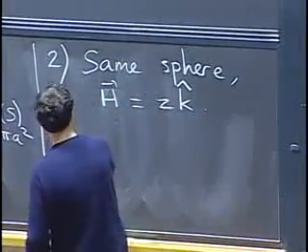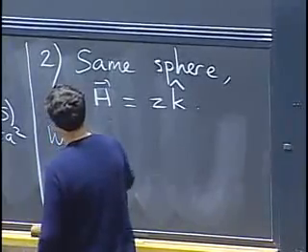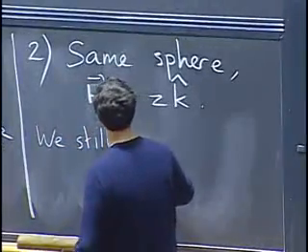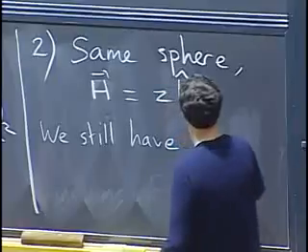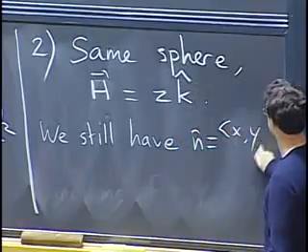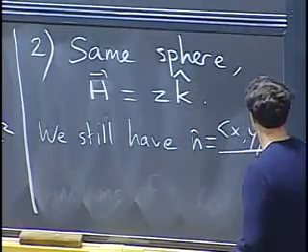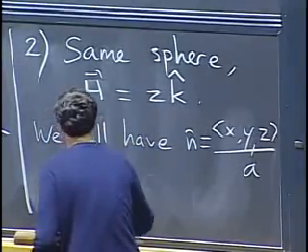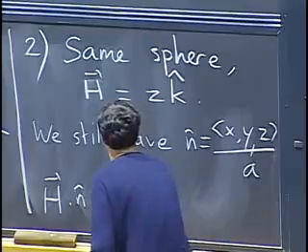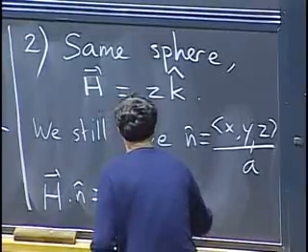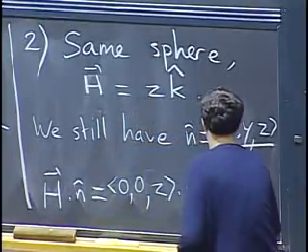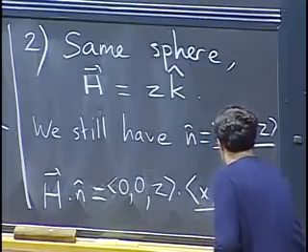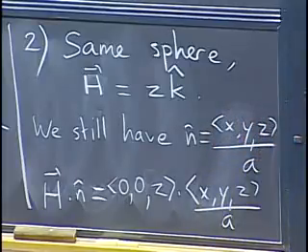We still have that n is x, y, z divided by a. So that tells us that h dot n will be 0, 0, z dotted with x, y, z over a. Looks like I will be left with z squared over a.